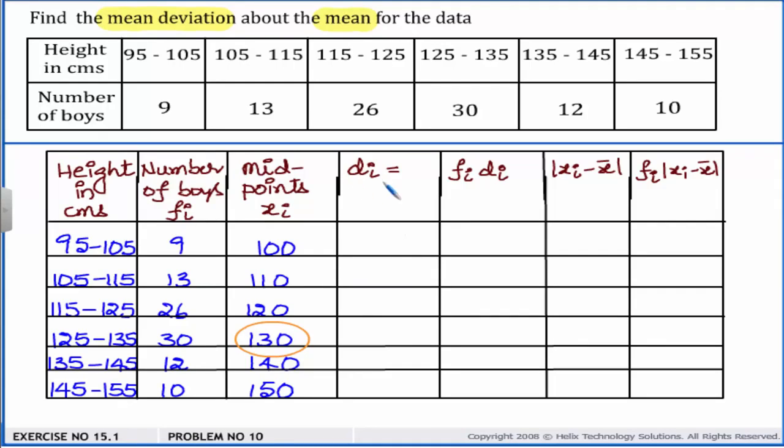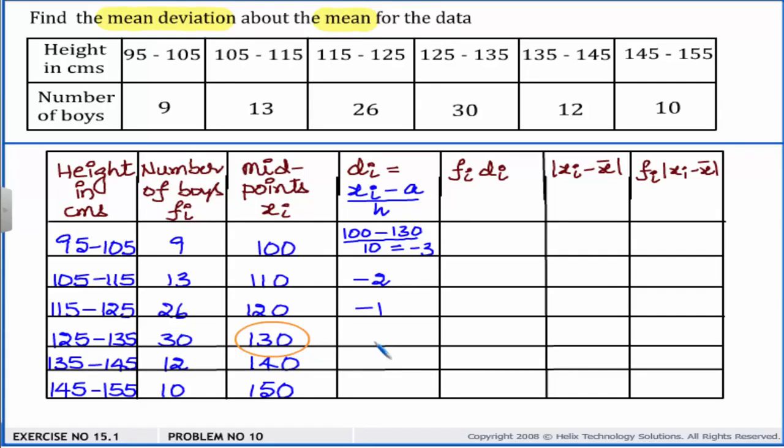Now let us take a variable di such that xi minus assumed mean divided by h. So this is equal to 100 minus assumed mean 130 divided by 10, which is equal to minus 3. Similarly, 110 minus 130 divided by 10 will be minus 2. 120 minus 130 divided by 10 will be minus 1.